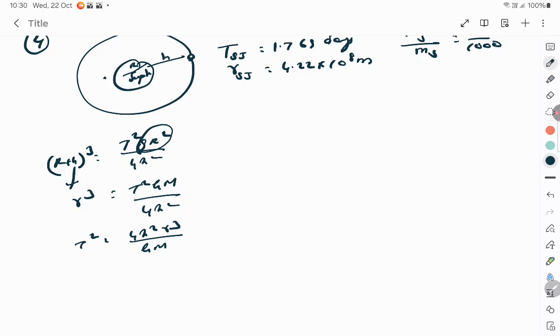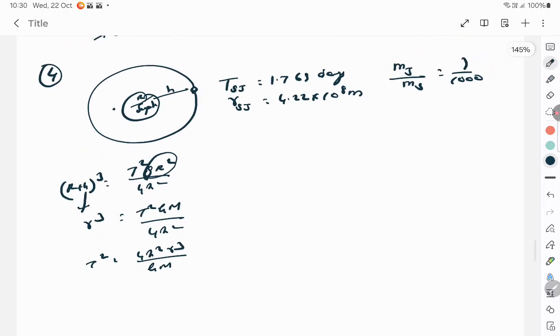That's T square, and let's therefore write the formula for the time period of this satellite of Jupiter, which is 4 pi square times the orbital radius of the satellite of Jupiter the whole cube, by the capital G, which is always a constant, times the mass of Jupiter. The capital M stands for the mass of the bigger object, which is only Jupiter.